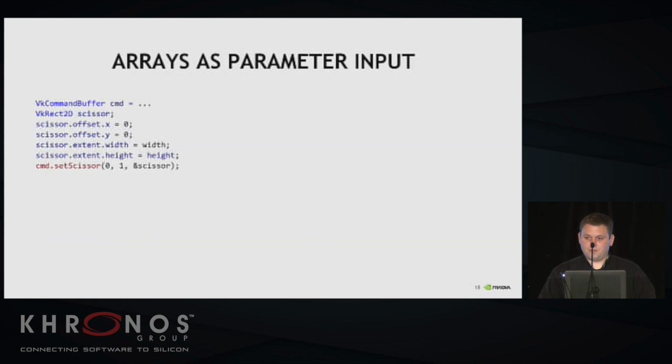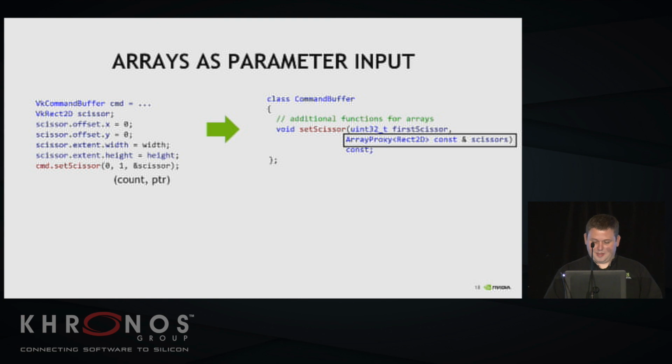Another thing, if you're using C++, you might have locations where you're using STL containers like std::array or std::vector or std::initializer_list, and you want to pass those to Vulkan, and usually it looks quite ugly because you have to pass a count and the pointer, so you have container size, container data.